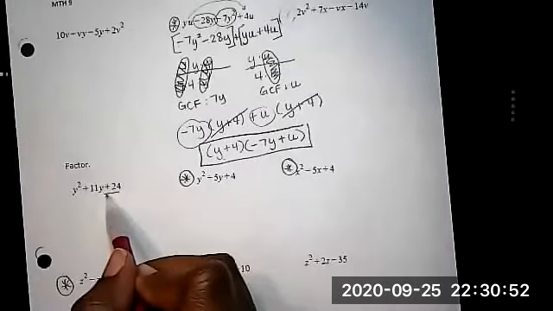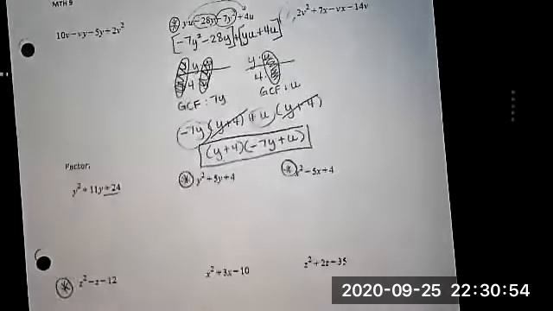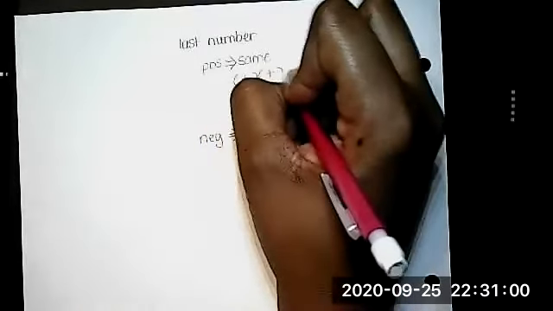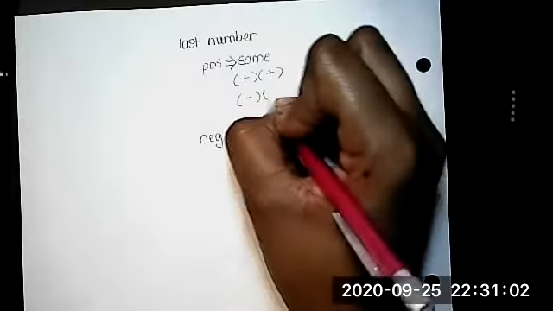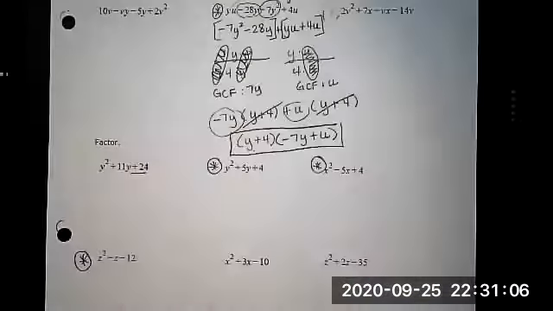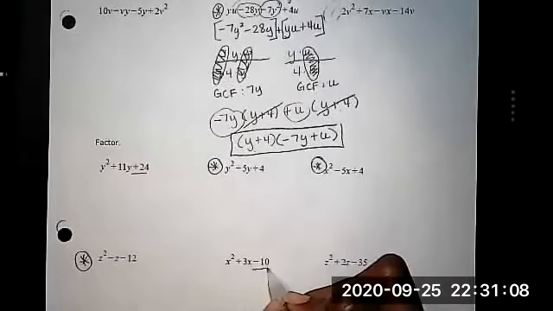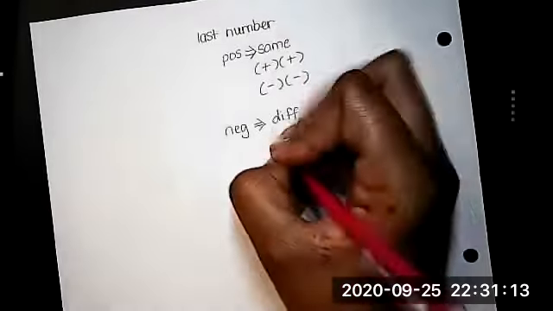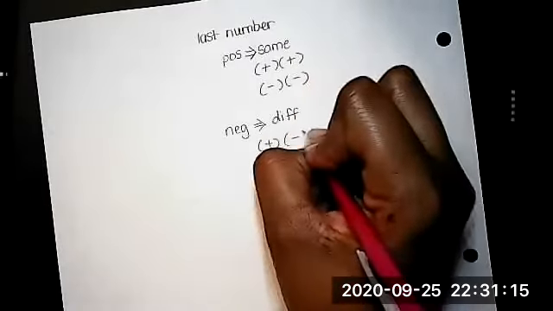What do I mean? If the last number is positive, then you're either going to have 2 positives in between for factoring, or 2 negatives in between for factoring. If the last number is negative, like this one, you're going to have 1 positive, 1 negative, okay?